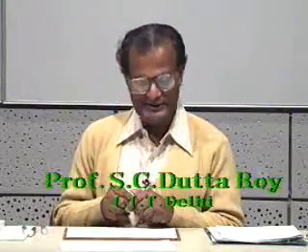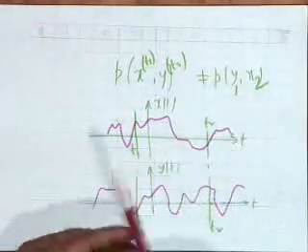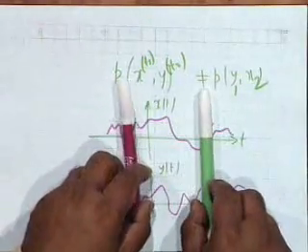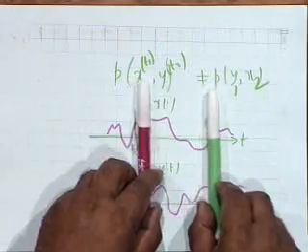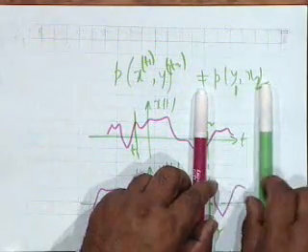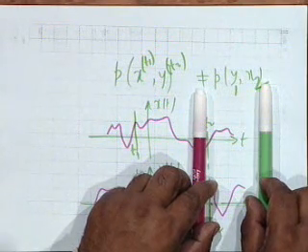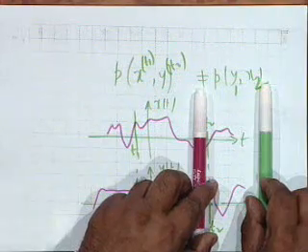What is meant by stationarity in this context is that if you change the time frame, that is t1, t2, suppose these are two rods like this, and you shift them along the t-axis, keeping the difference between them the same, the probability density function does not change. This is what is meant by stationarity.